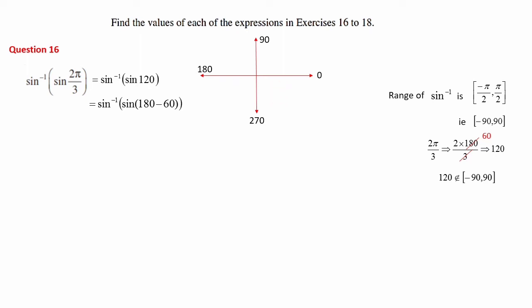And here sine 180 minus 60, 180 minus means this portion. So sine 180 minus 60 comes here, sine 120 comes here. That means it is in the second quadrant.